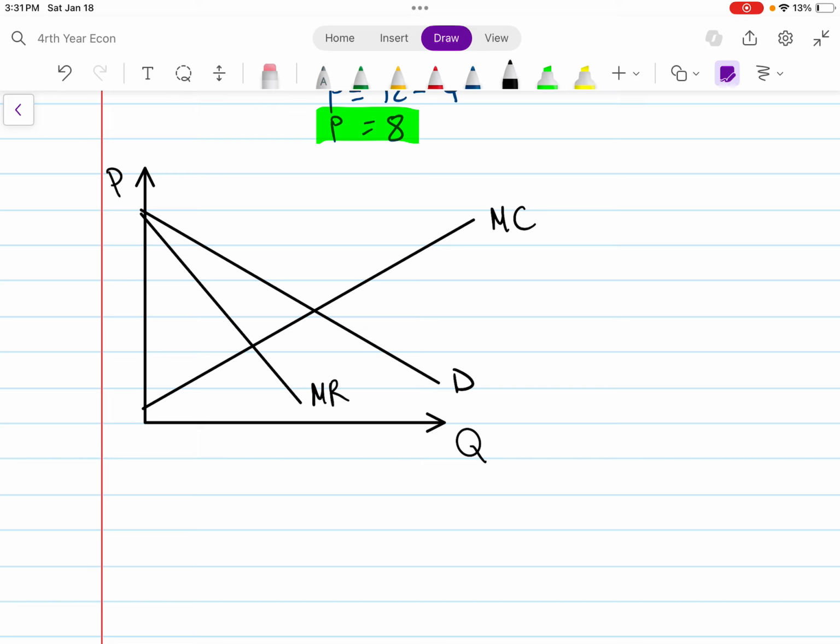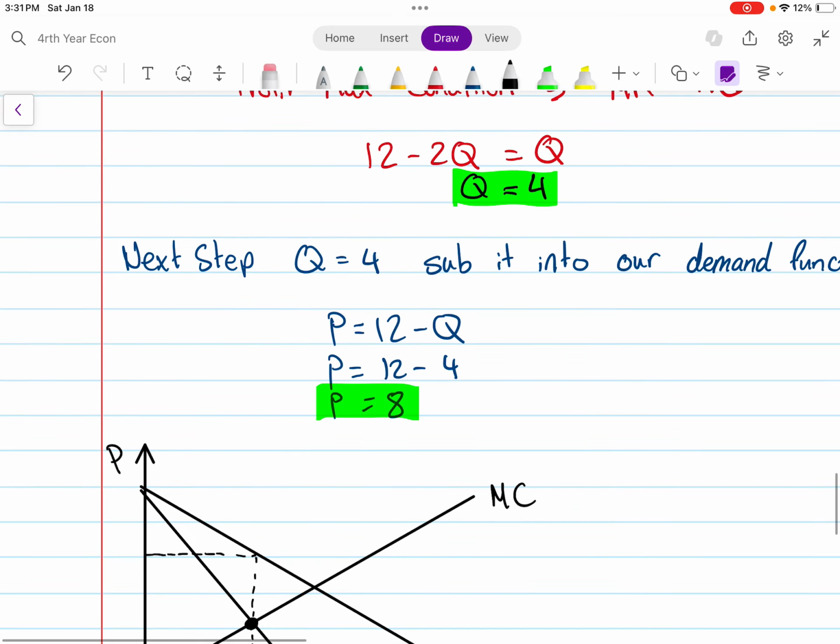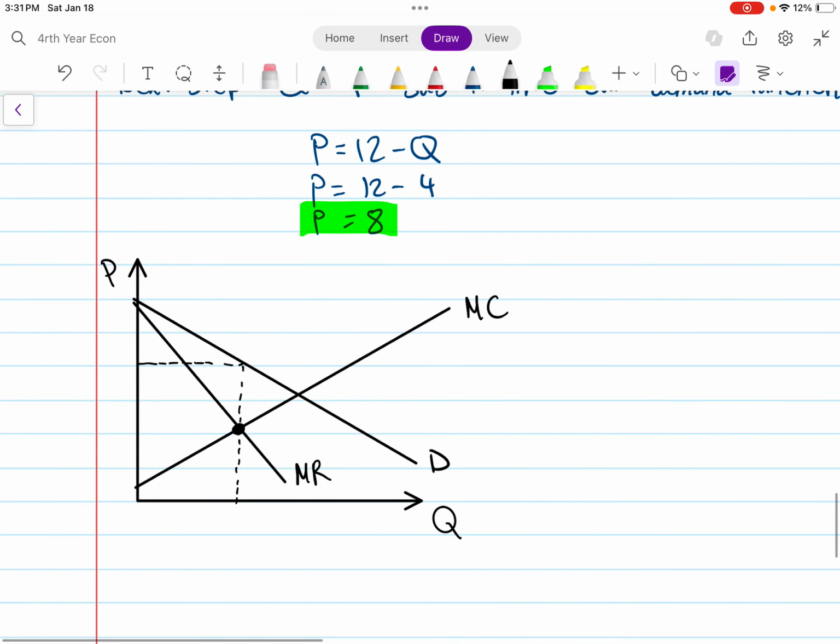We know that where marginal revenue equals marginal cost is our profit maximizing condition, which is when Q is equal to 4 and price is equal to 8.